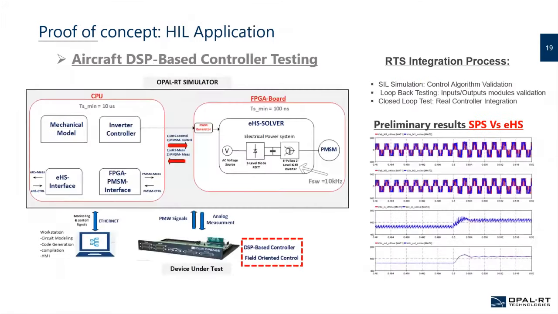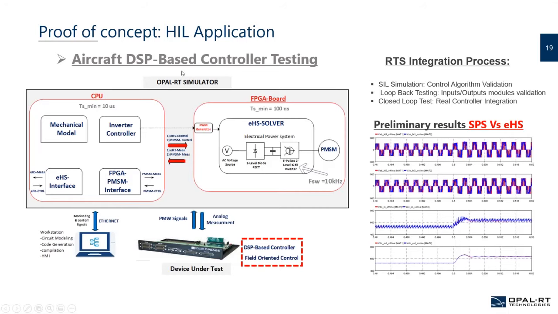So now what we are doing is we started to integrate our platform in real HIL applications, real control testing. The first application we are still working on consists of DSP-based control testing that will integrate a field-oriented control in order to regulate the speed of the machine here.